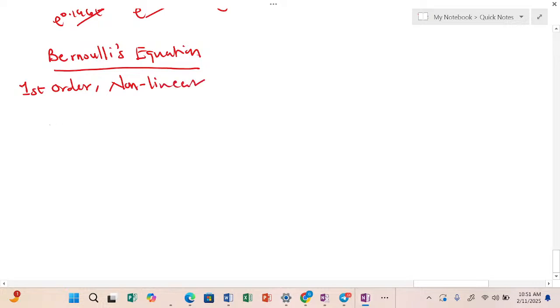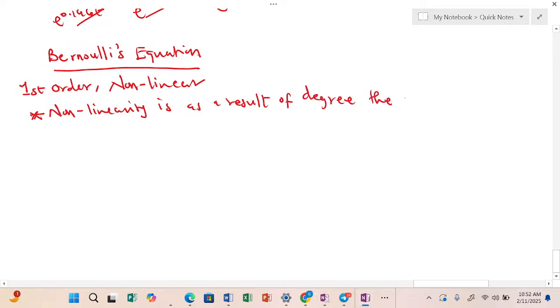And what accounts for the non-linearity? The non-linearity is a result of the degree of the dependent variable, here y. Meaning y is to the power n, where n is not equal to 0, neither is it equal to 1. So this is the condition.